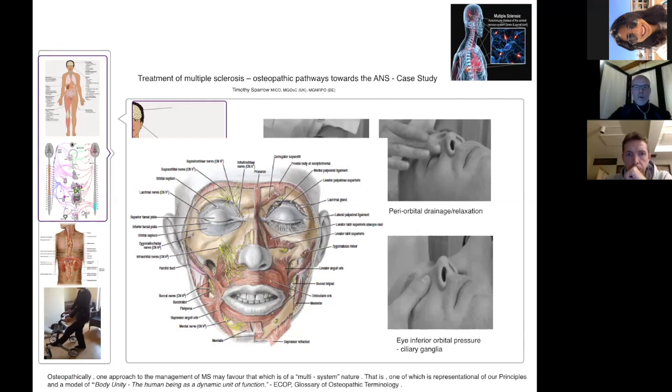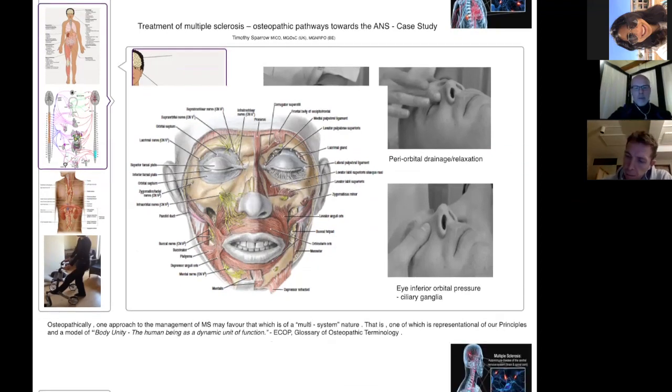So through relaxing the eyes, the face, the forehead, etc., we begin to interface with other ganglionic groups that are going to influence vagal tone, for example, and change the autonomic response too. So whatever we're doing on the head and face is significant in our work in mediating autonomic balance.